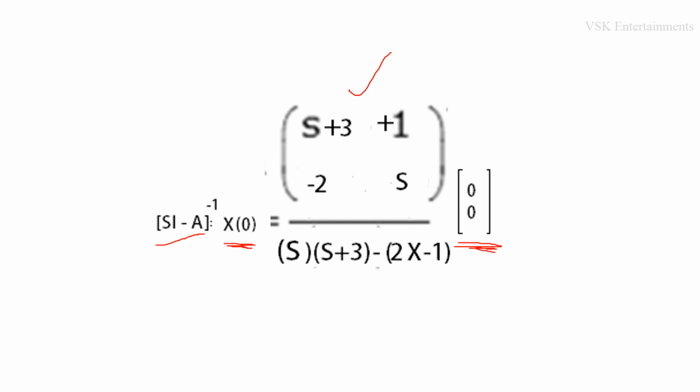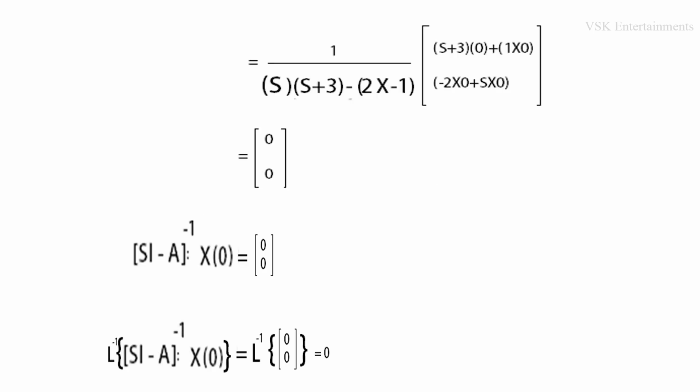We are going to multiply with the initial conditions x of 0. By multiplying this, we get 1 by (AD − BC), this is common, and (s + 3) into 0 plus 1 into 0. Similarly, −2 into 0 plus s into 0. These two elements become 0. A null matrix into something gives the null matrix.